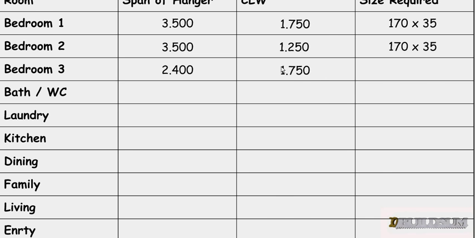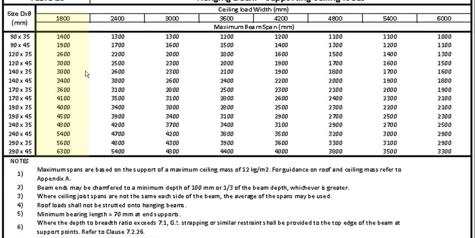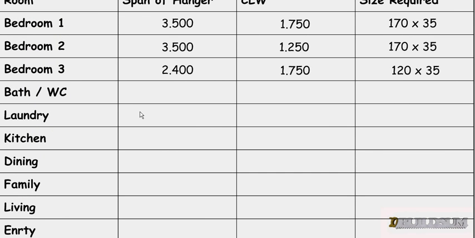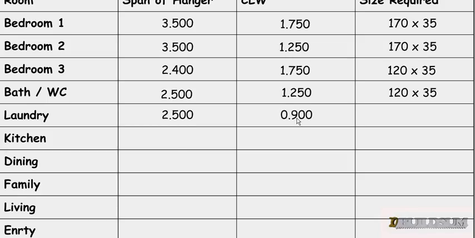Ceiling load width is not going to make any difference to us. So same column, however, because our span was only 2.4, we can pick this 2.6 and we can use 120 by 35. Go down to the next one. Very similar. I know that we end up with 2.6, so we can use 120 by 35 again in that situation. The laundry span of 2.5.